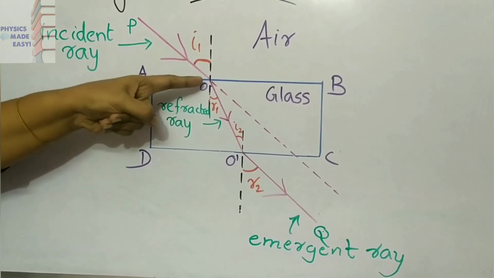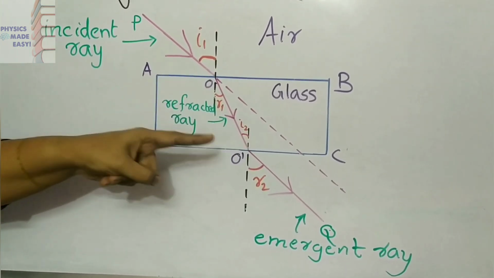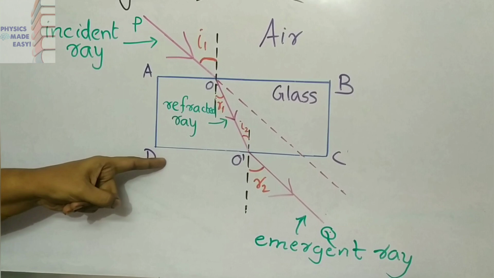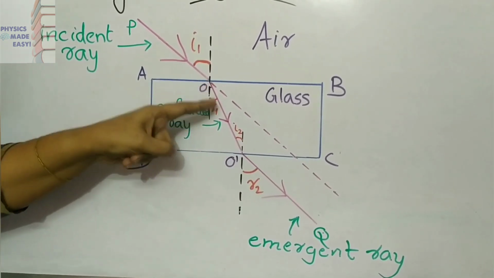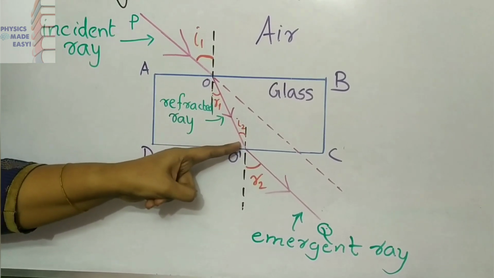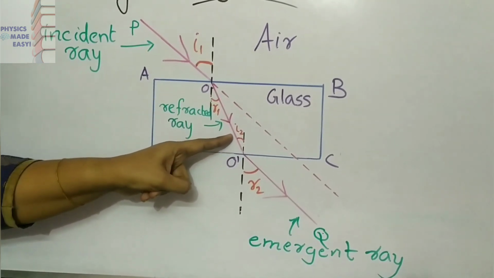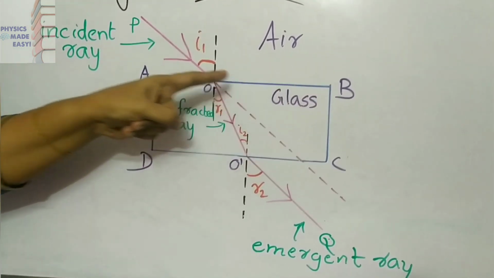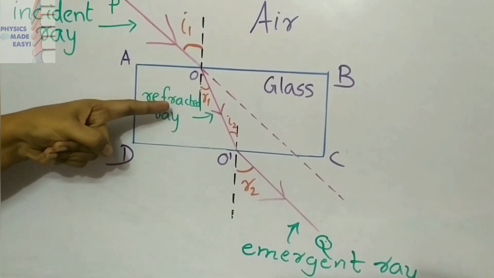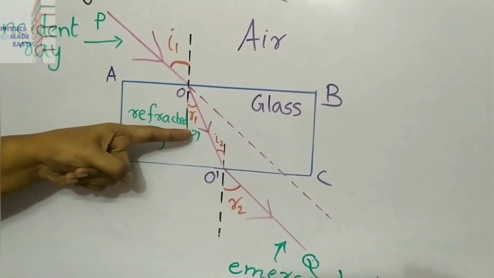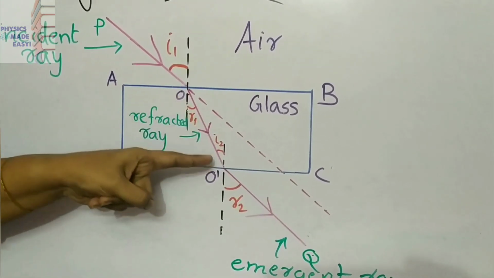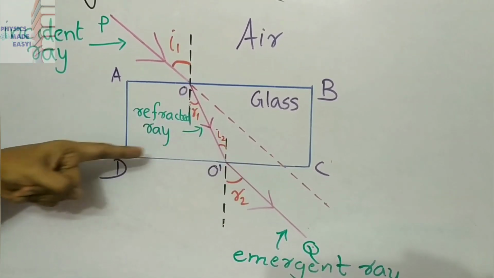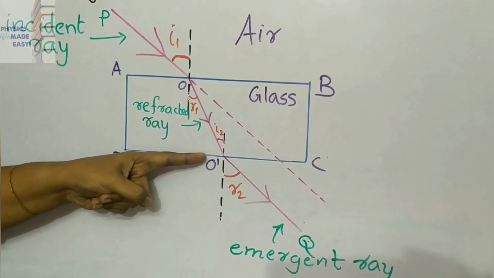So here the ray O dash. If you are considering the interface CD, this ray O dash is the incident ray. Okay children, for the interface AB, that is the refracted ray, that's why I wrote refracted ray there. Then at CD, the ray is incident at the interface CD at point O dash.